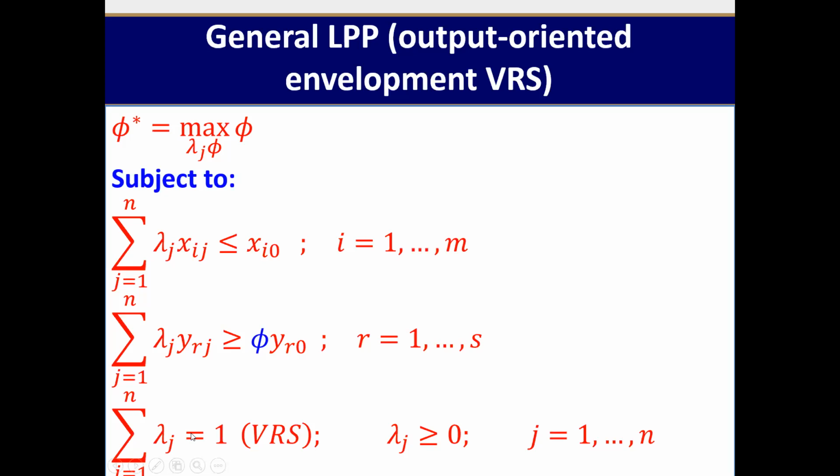That is when you have to use this constraint. But if you don't believe that size is really making an impact in the industry, then you eliminate this constraint, because this constraint says that size matters. So the weights must sum to 1.